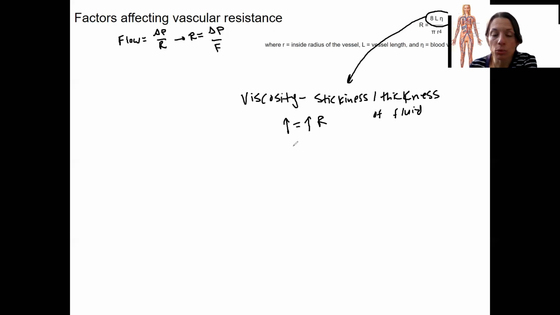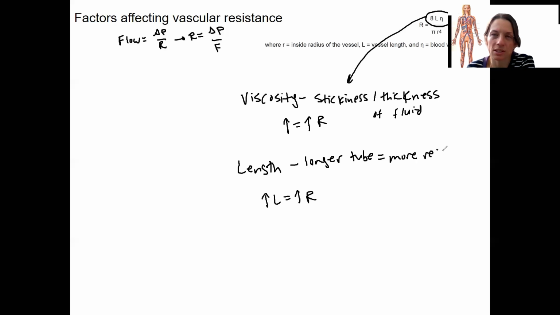The other numerator is length. So as you increase length of the vessel, the tube, you're going to increase resistance. The longer it takes to get through the tube, the more resistance is encountered. So longer tube equals more resistance.